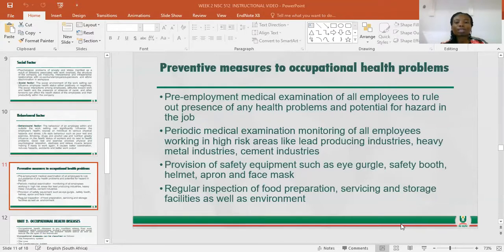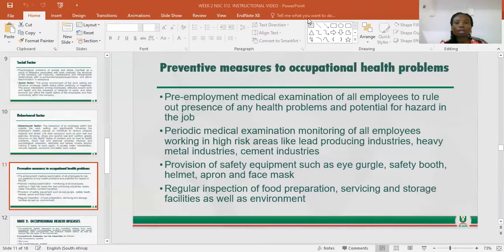Provision of safety equipment such as eye goggles, safety boots, helmet, apron, and face masks. Regular inspection of food preparation, serving and storage facility, as well as the environment.